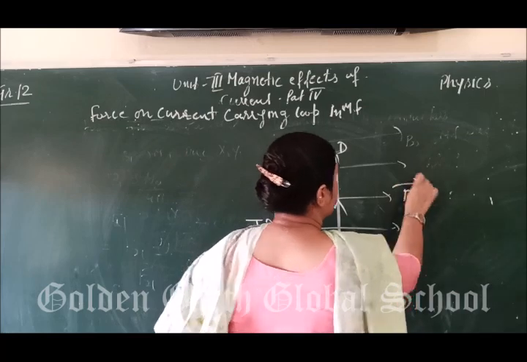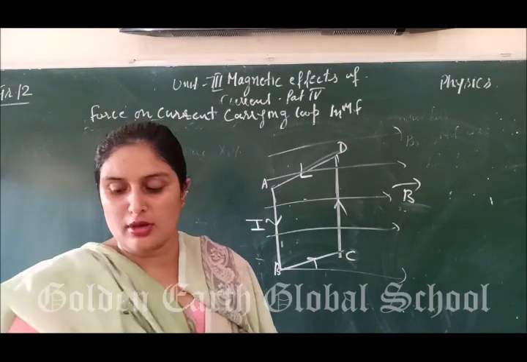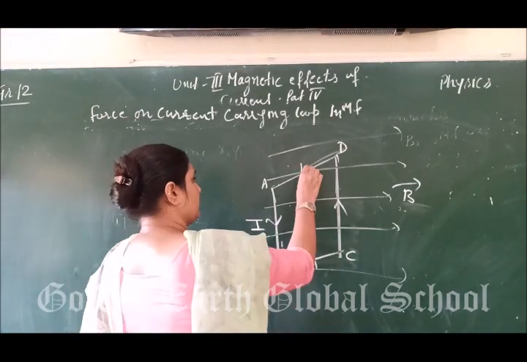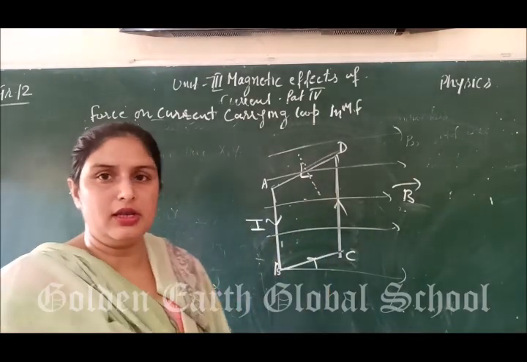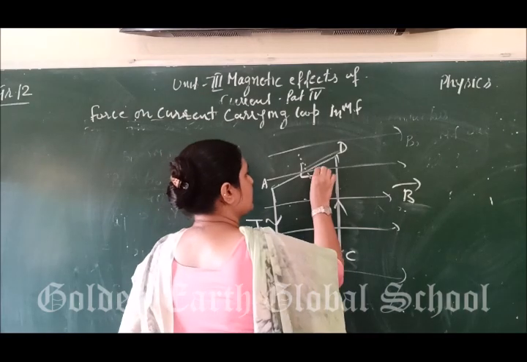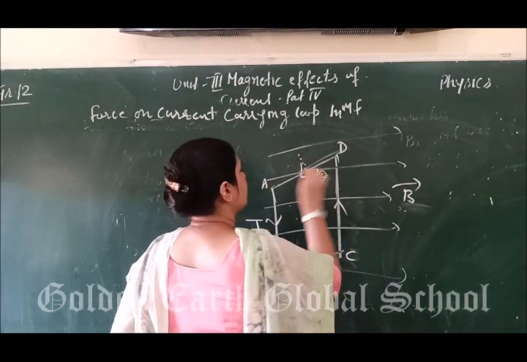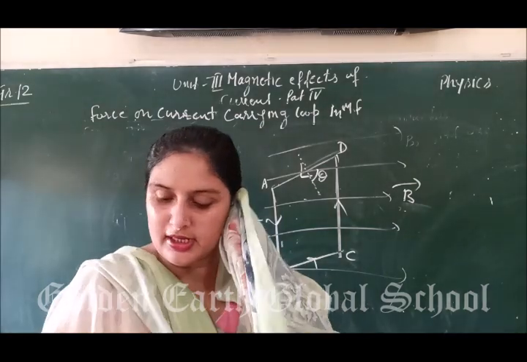Magnetic field B is applied. Next, let us suppose the normal drawn to this particular coil or loop makes an angle theta with the direction of the magnetic field.